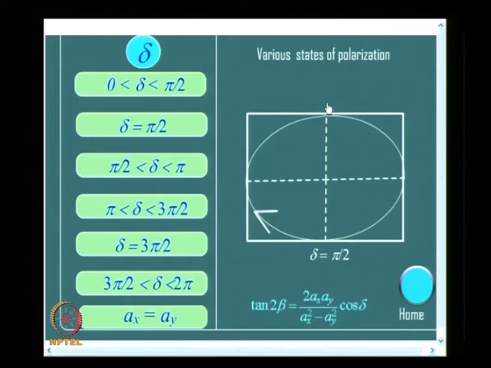This is a very important result. It is a very useful result in photoelasticity. The vibrations along the major and minor axes having a phase difference of pi by 2, that is very important information you have. So, if the vibrations have a phase difference of pi by 2, then those axes form the axes of the ellipse.